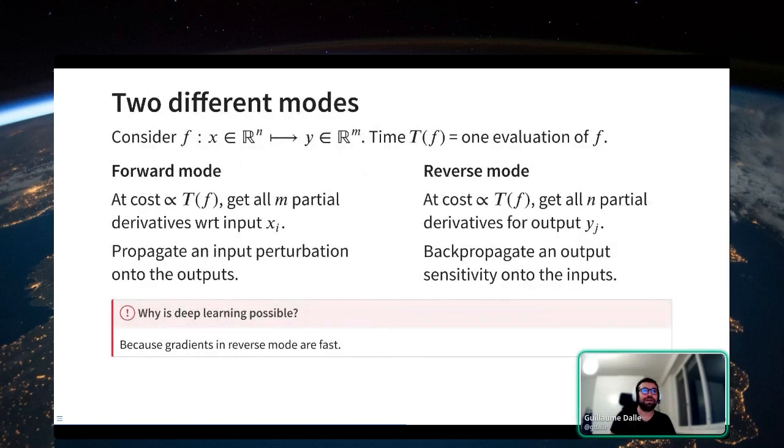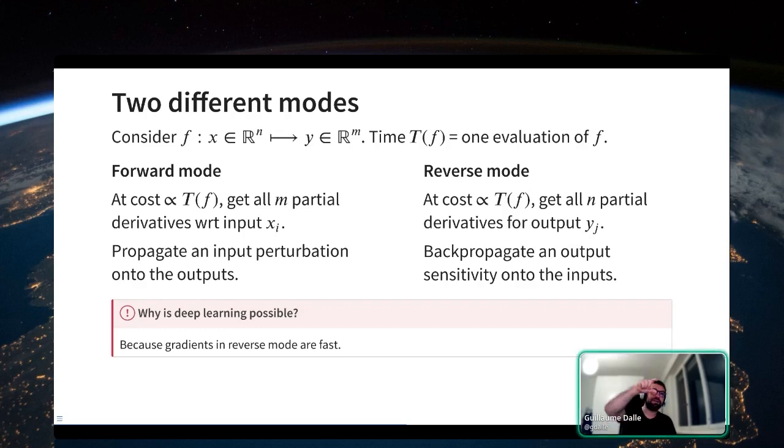Now, you may have heard that algorithmic differentiation has two modes, forward mode and reverse mode. They correspond to very different implementations, and I don't have time to get into that. But I just want to stress one thing. If you have a function with many inputs and many outputs, forward mode automatic differentiation allows you to get all partial derivatives with respect to a given input.